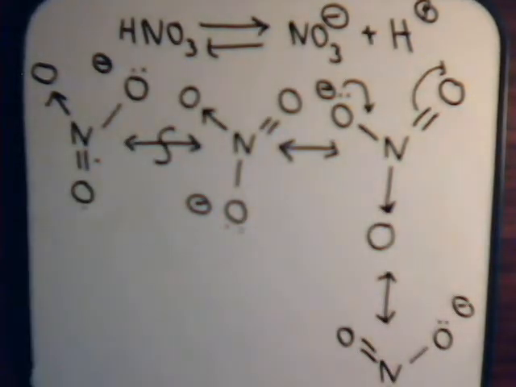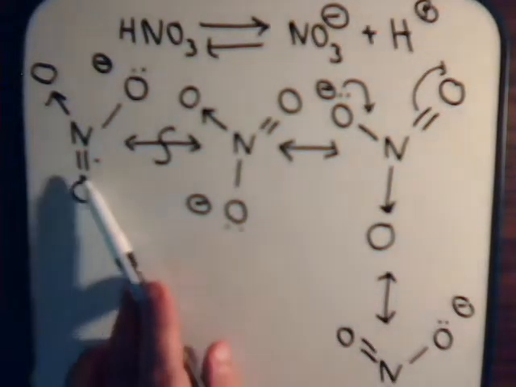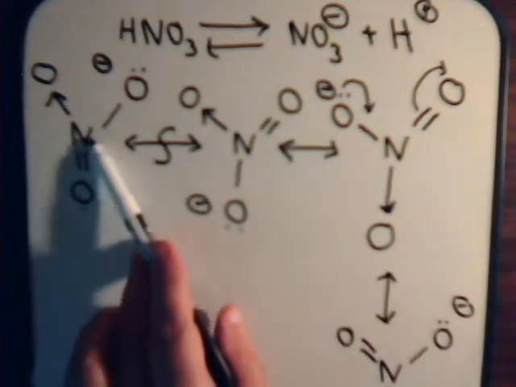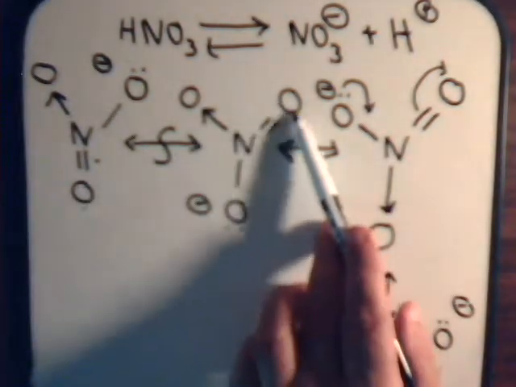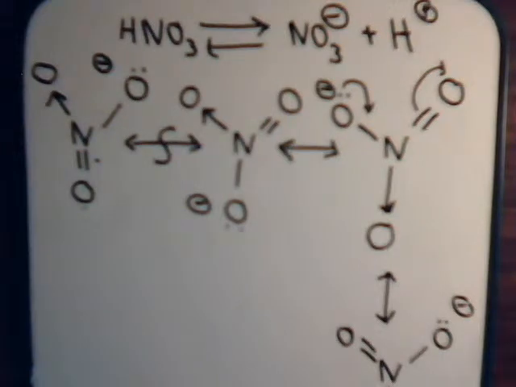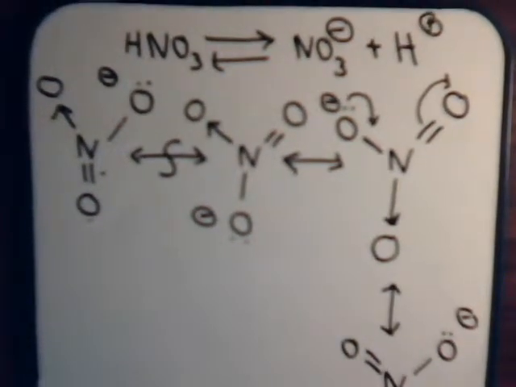Now it's this oxygen that has the negative charge, and the double bond between nitrogen and oxygen is between nitrogen and oxygen. So those are symmetrical. Notice also there's no charge separation that we had in the previous video when the nitric acid was carrying a proton. We have charge dispersion. That's a superior resonance system.